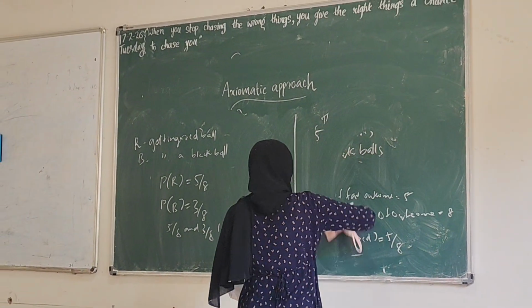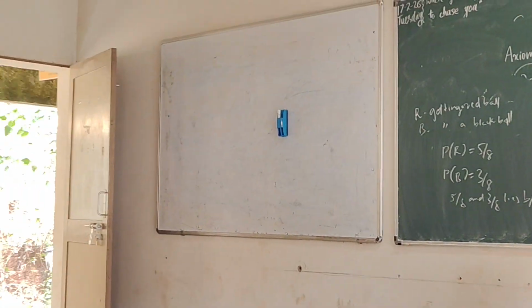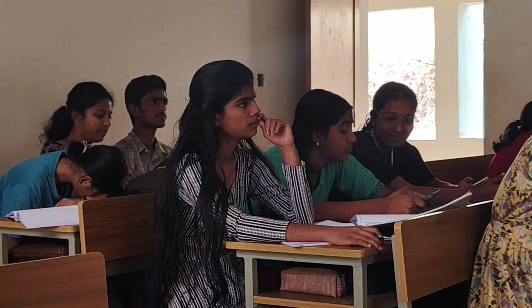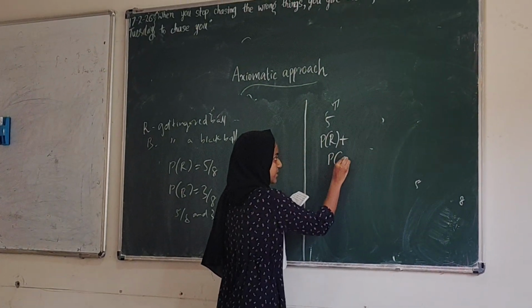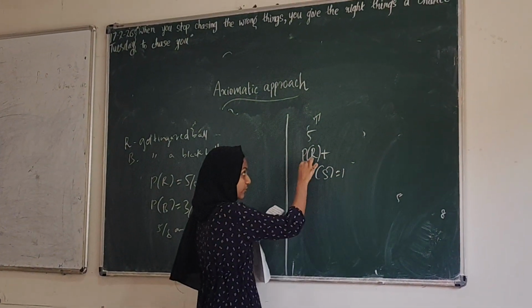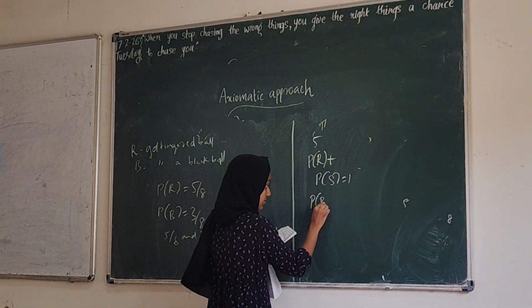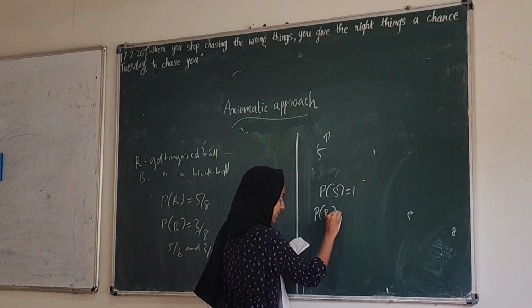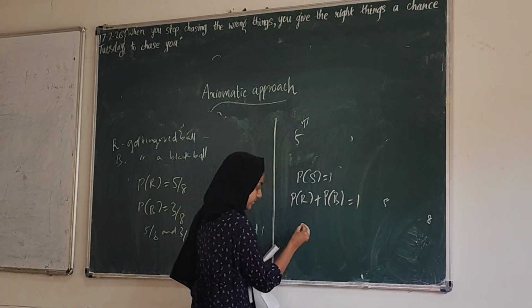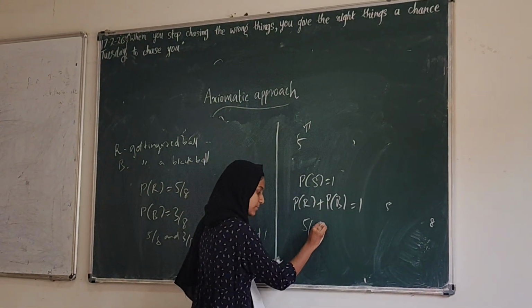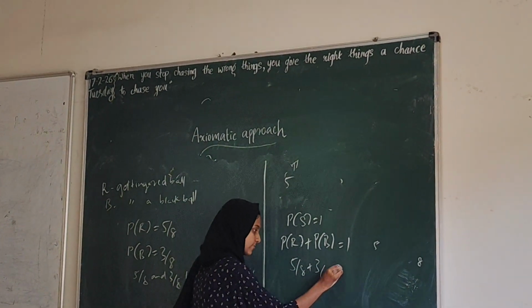Then the second axiom: when we add both, we will get 1. That is, P of the sample space is equal to 1, so P of R plus P of B is equal to 1. That is 5 by 8 plus 3 by 8 is equal to 1.